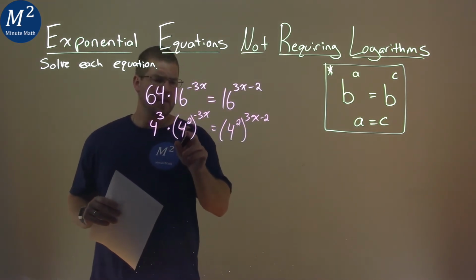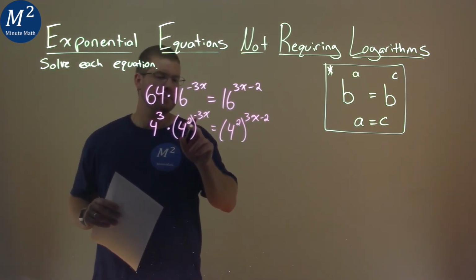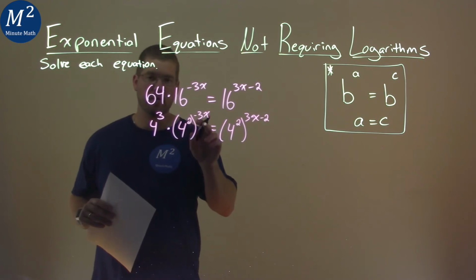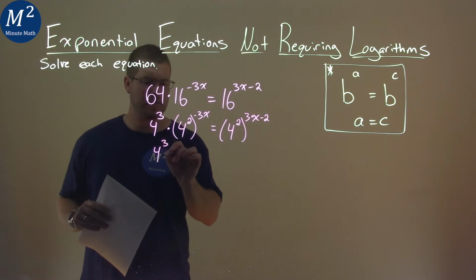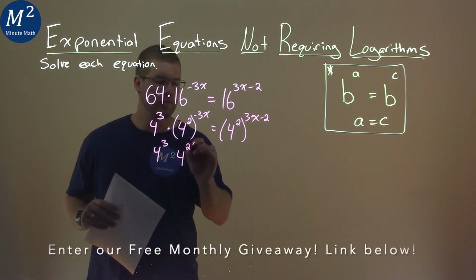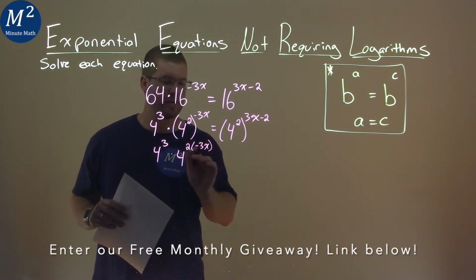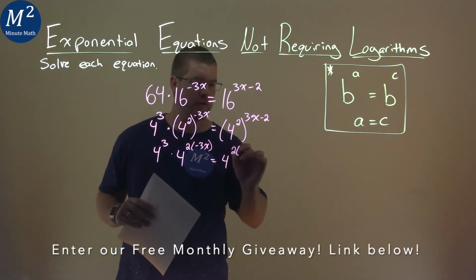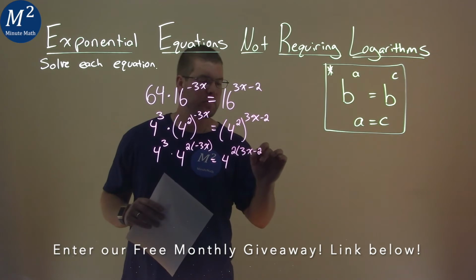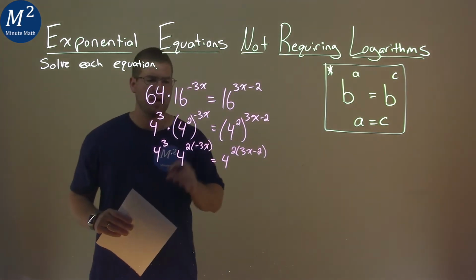Well, we can keep going down and know our rules of raising something to another exponent and how that applies with multiplication. So we have 4 to the 3rd power times 4 to the 2 times the negative 3x power now in that exponent. And the same thing here, 4 to the 2 power times the 3x minus 2. We keep on going.